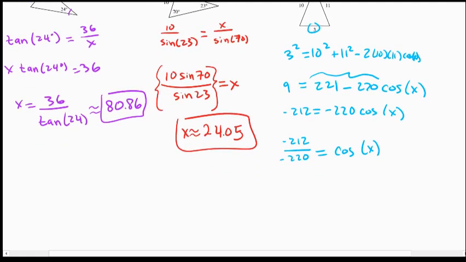If you did, let's say that I rounded it to about 0.964, just remember that this value here always has to be less than 1, because when we're doing the inverse of cosine, which is my next step here, remember on the unit circle, all the cosine values are between -1 and +1. So that means the inside of an inverse cosine has to be between those values as well.